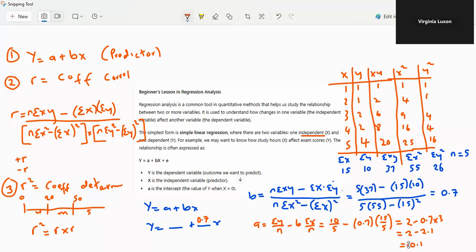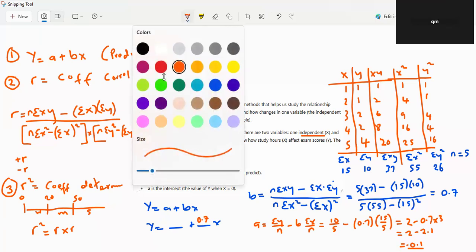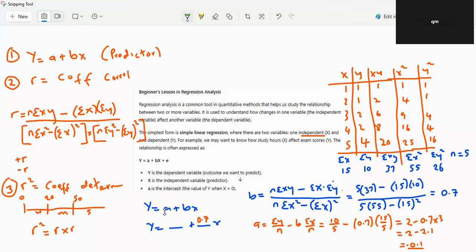So where do we put that negative? On the A. Negative 0.1. So we've written the prediction equation.